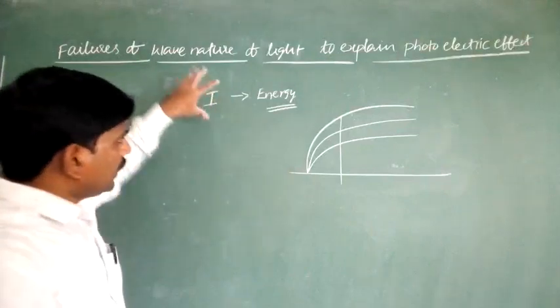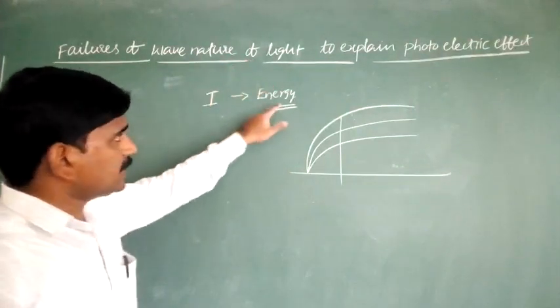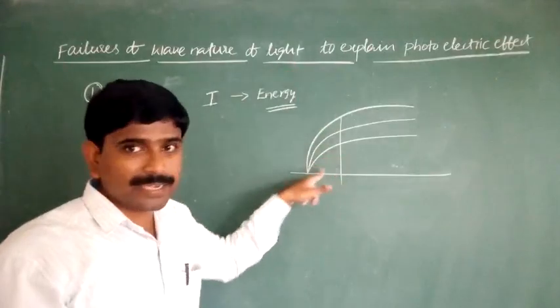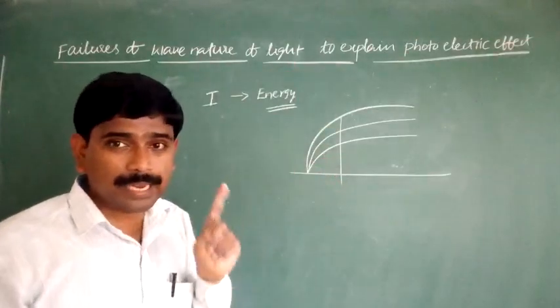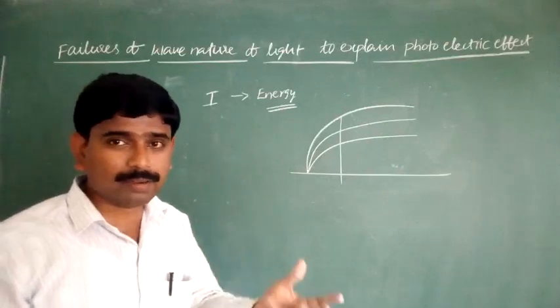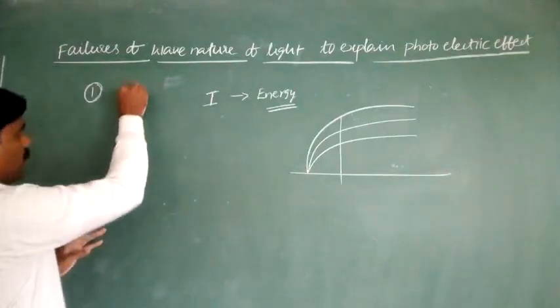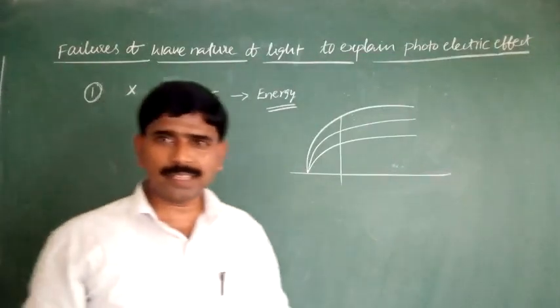According to the wave nature of light, when intensity increases, energy increases. But practically, all the electrons have the same kinetic energy, meaning all the emitted electrons have the same energy. That is the first failure.